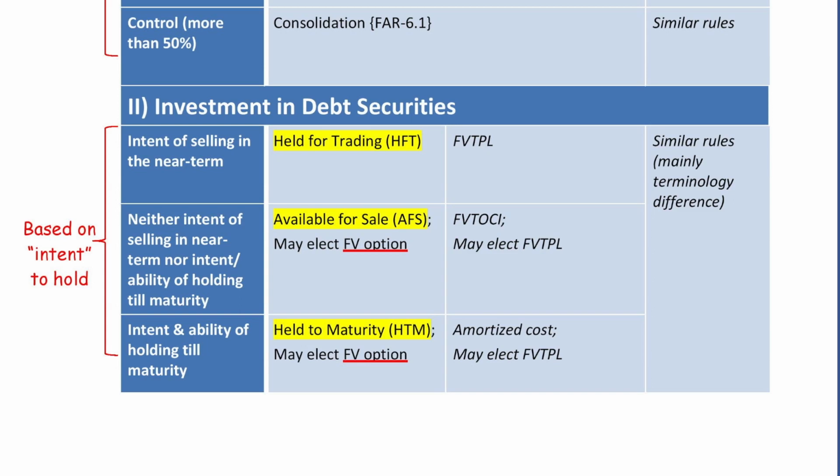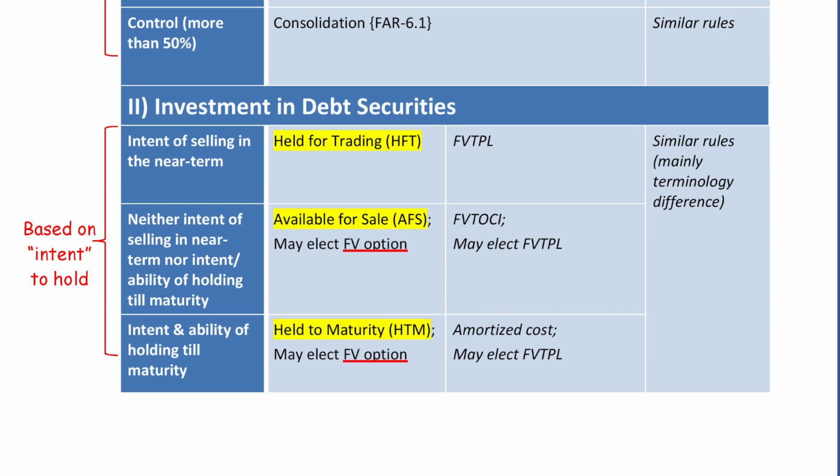Also, when you're looking at investment in debt securities, let's talk about available for sale. Though the security would be recorded at fair value on the balance sheet, any unrealized gains or losses are recorded in accumulated OCI. But you could elect the fair value option, where unrealized gains and losses go into the income statement.